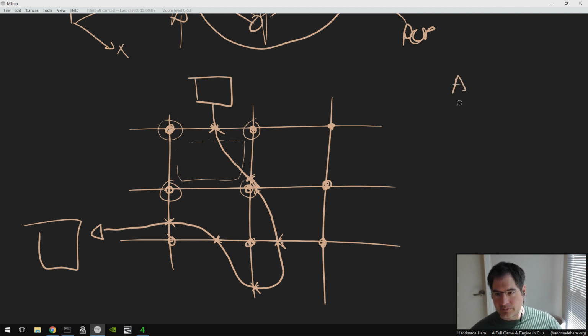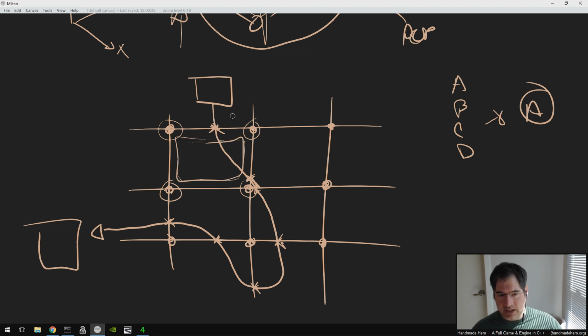So you're using light probes A, B, C, and D, which might all be the same. They might all be A, right? It might be there's only one light probe in this whole region, so it's all using A, or they may all be different, maybe A, B, C, and D, right? But while you're in here, this is what you're using. Now, when I cross this boundary here, I change, right?